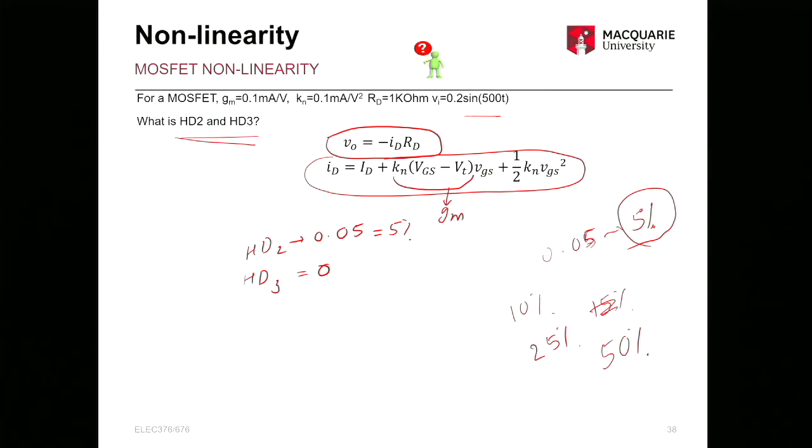If you don't have coupling capacitors, you will have a response like this. But when you have coupling capacitors, the lower frequency also gets attenuated. So you will have two frequencies, FL and FH, and your bandwidth will be FH minus FL. So I had to subtract FL from FH, and that will give you the bandwidth.